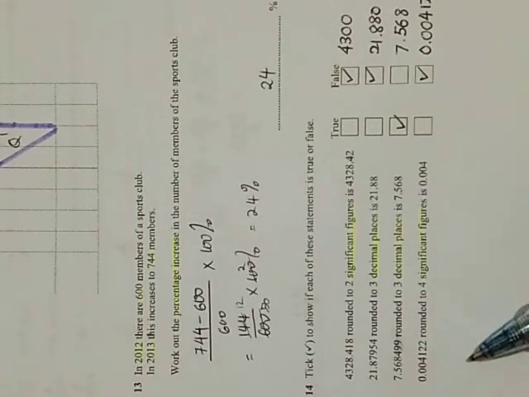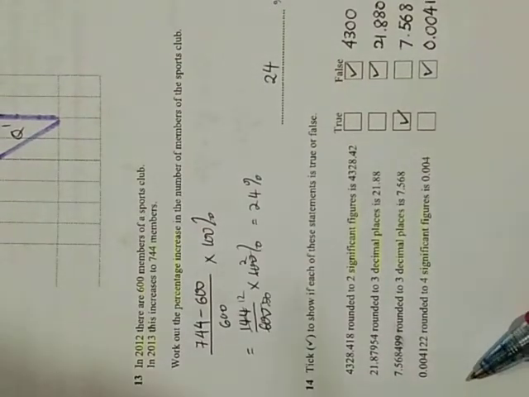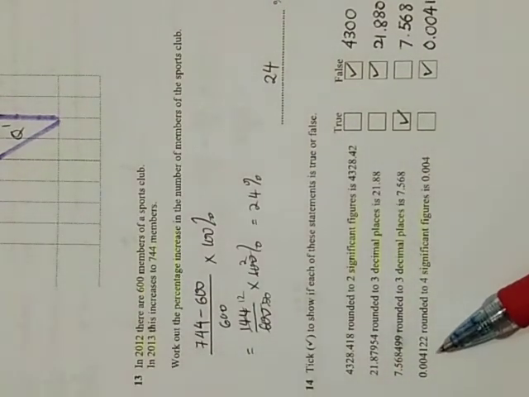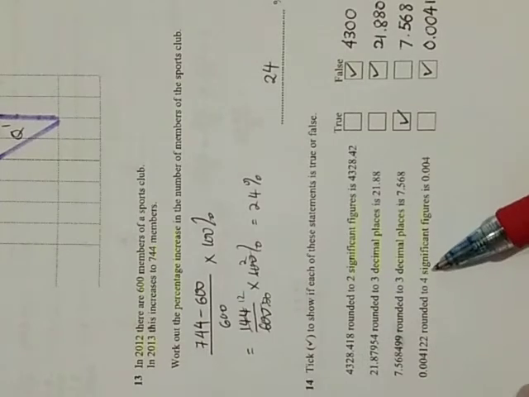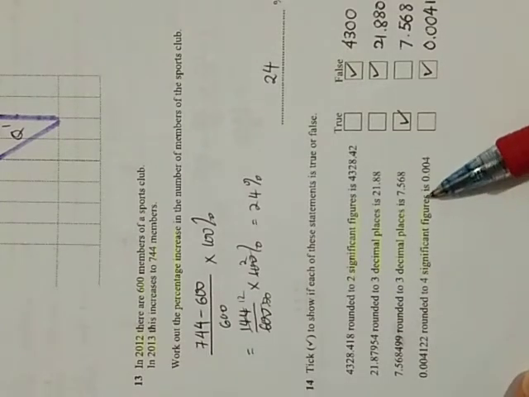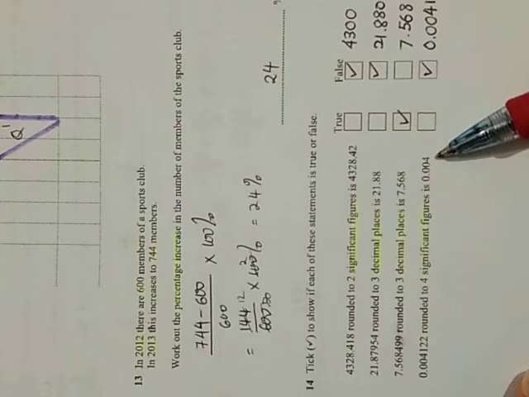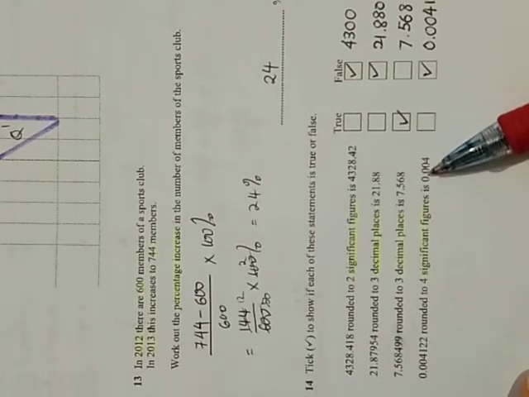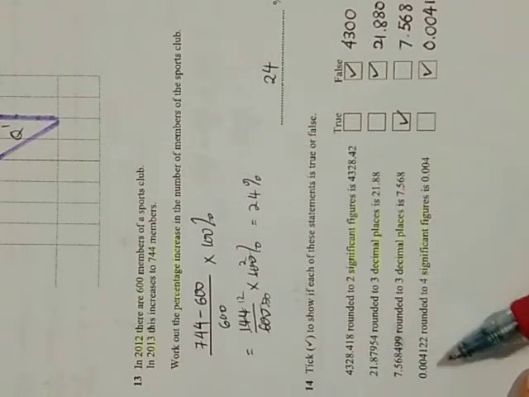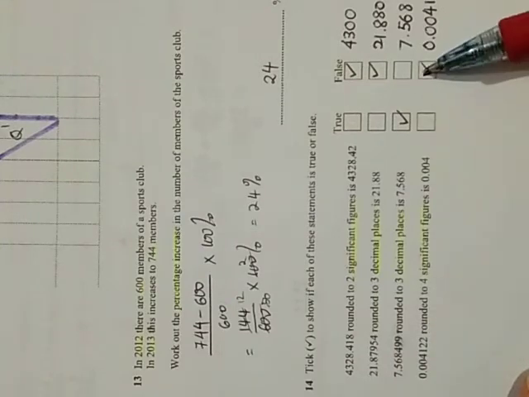And the last one being 0.004122 rounded to 4 significant figures. All right, 4 significant figures. The 0 before the real number is not counted, so it should be 0.004122. So it's false again.